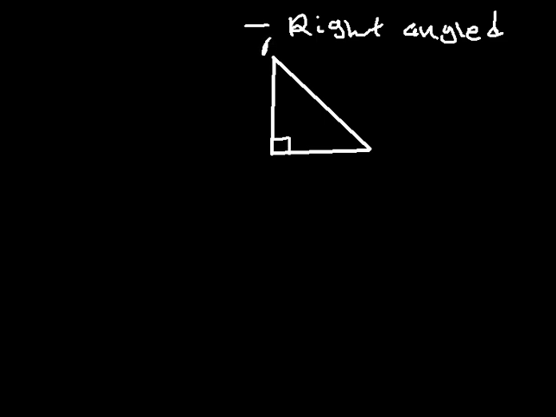So let's say this is the triangle A, B, and let's say C, like that. And in that case, this is said to be the base, and this is said to be the height, and this is said to be the hypotenuse, like that. And how are the sides of the right-angled triangle related?